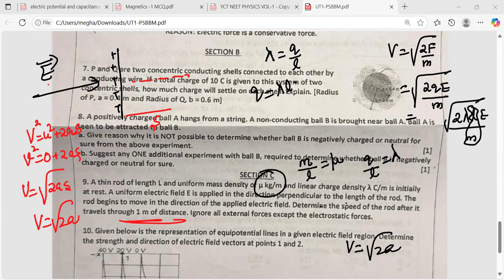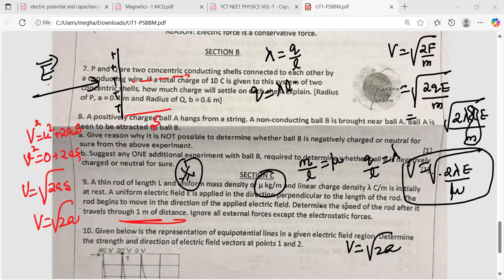L by M is 1 by mu. So 2 into lambda into E divided by mu. So V is equal to root of 2 lambda E by mu. That is the answer. It's a very interesting question. You can learn that. Okay, children.